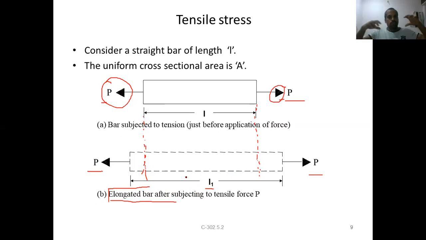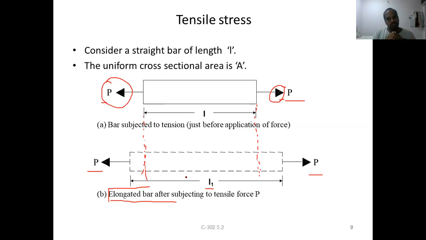So obviously it tries to elongate. What type of force is this? A tensile force. Due to this tensile force, the bar is subjected to elongation. Increase in length takes place.